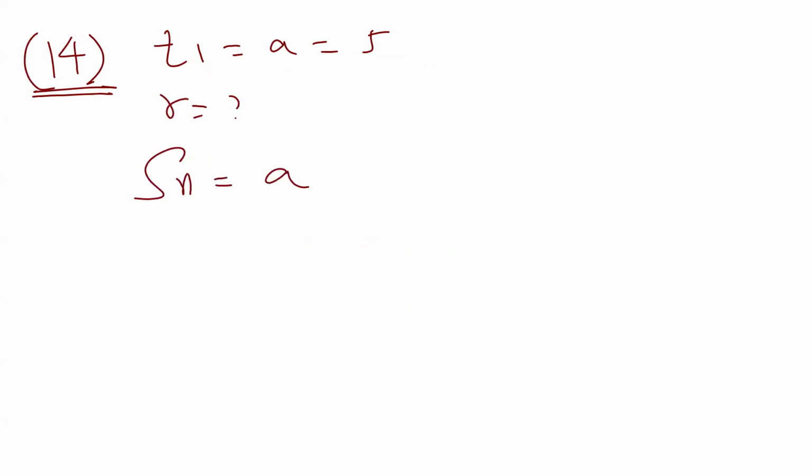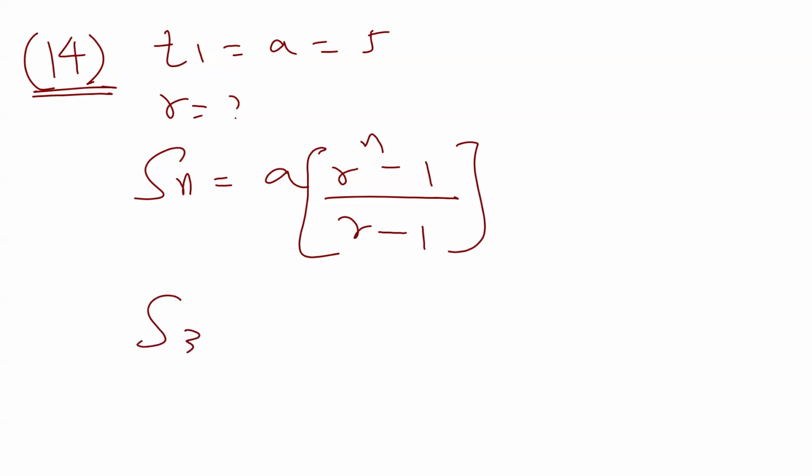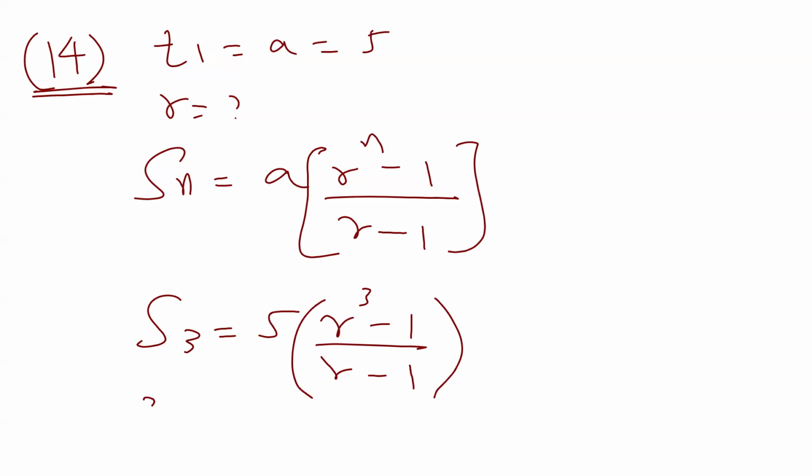So we can use this formula, A into R raised to n minus 1 upon R minus 1, because R value we don't know. Sum of first three terms: S3, A is 5, R raised to 3 minus 1 upon R minus 1. S3 is 31 upon 5.